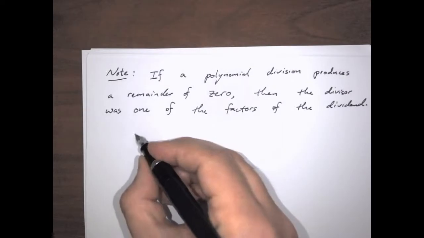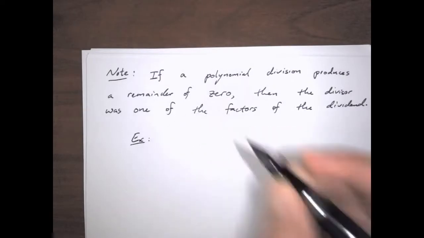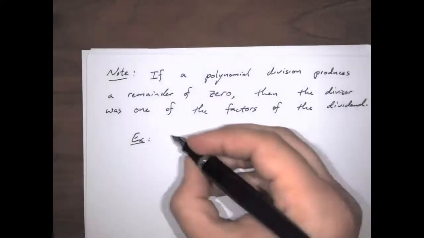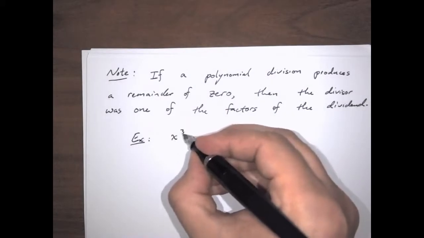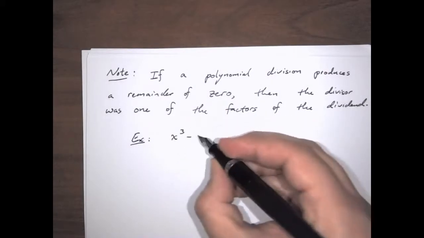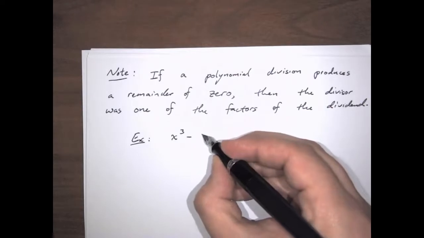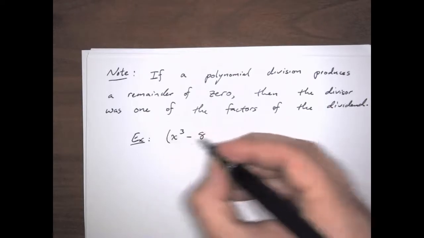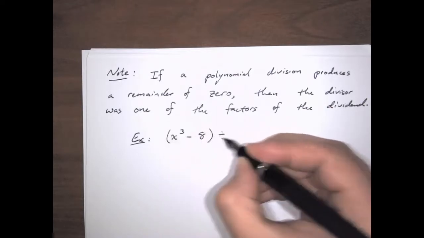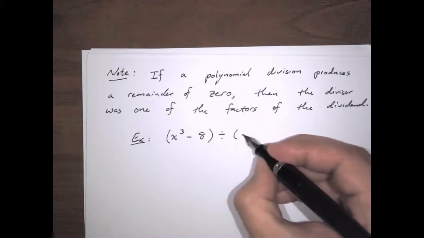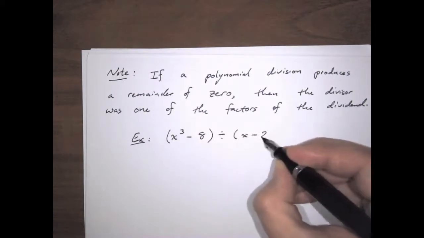So for example, let's take something like x cubed minus 8 divided by x minus 2.